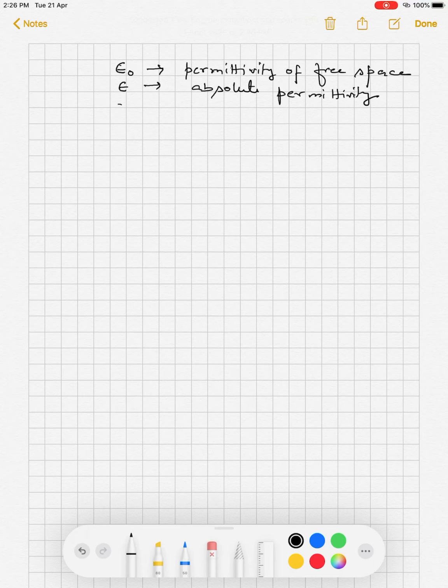And there is a third term, that is relative permittivity. Relative permittivity means epsilon r is equal to epsilon upon epsilon naught. And this epsilon r is also called K, that is called the dielectric constant.